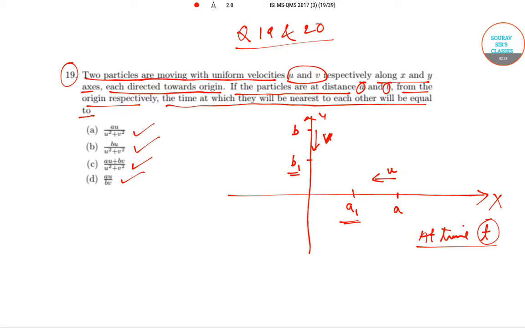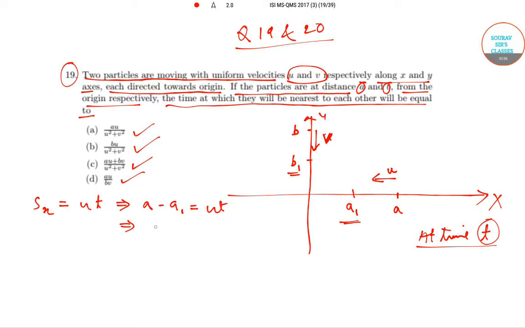The distance traveled from a to a1 is given by s of x, and s of x is nothing but equal to ut. This s of x is nothing but equal to a minus a1. This is equal to ut.